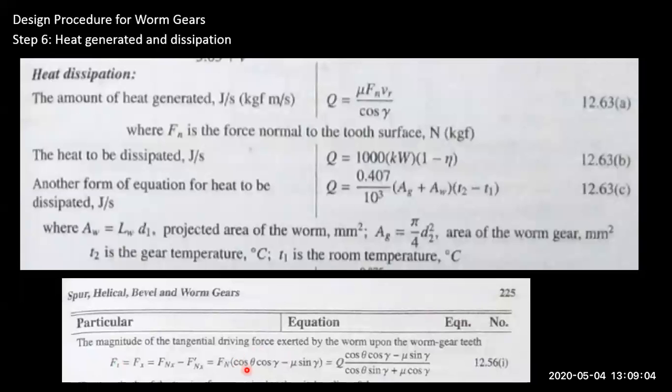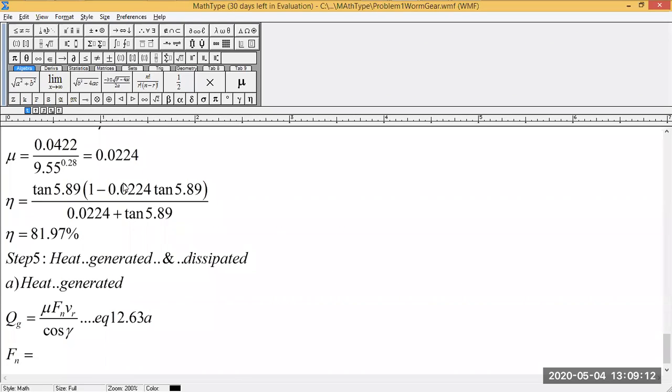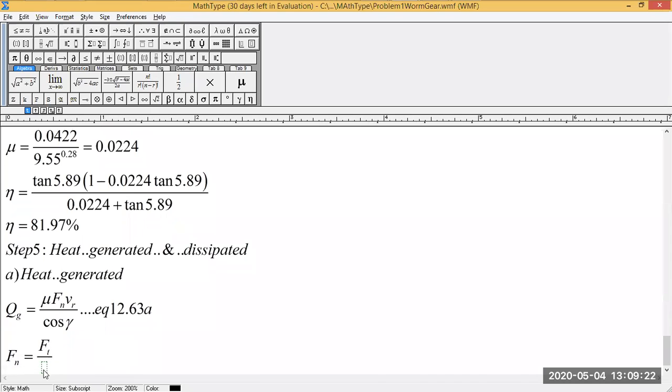So Fn equals Ft over cos theta cos gamma minus mu sin gamma.